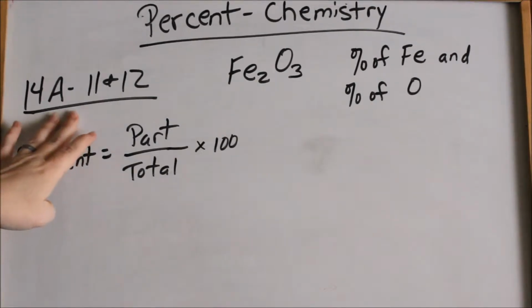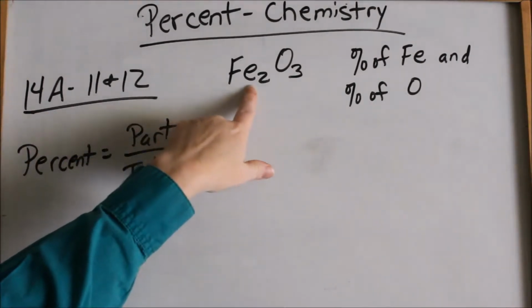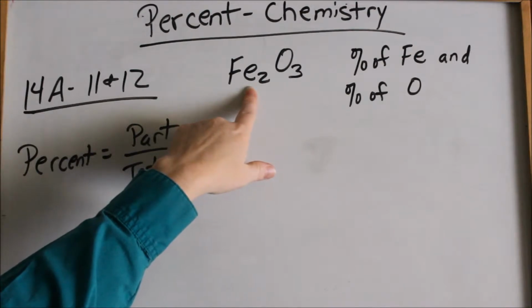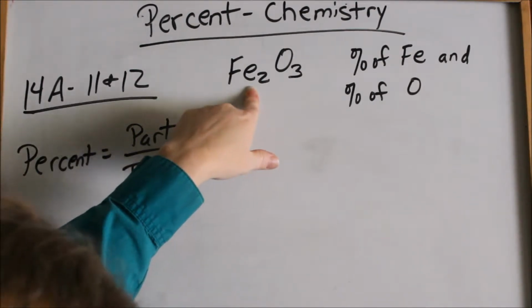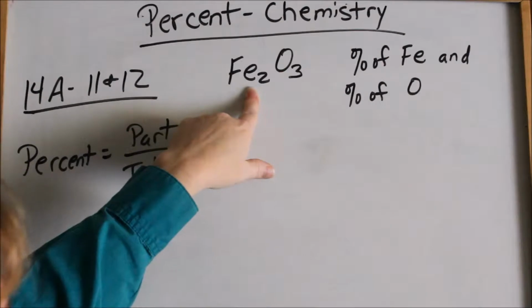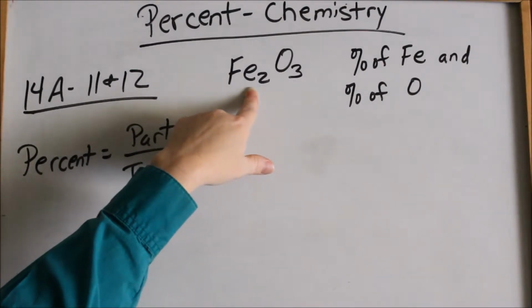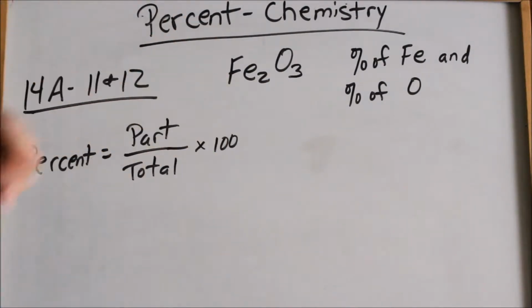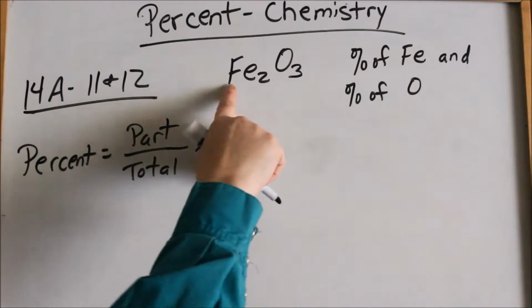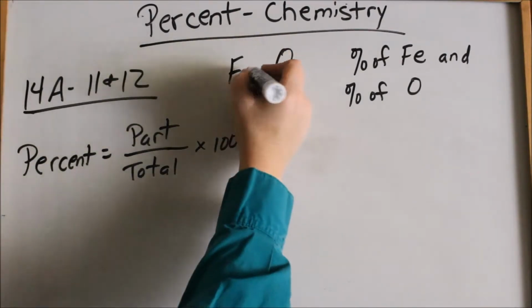Alright? So in 14A, 11, and 12, they're going to give you this element or chemistry formula. So I'm probably not saying the exact right words, but okay. So Fe, and that's a lowercase e.